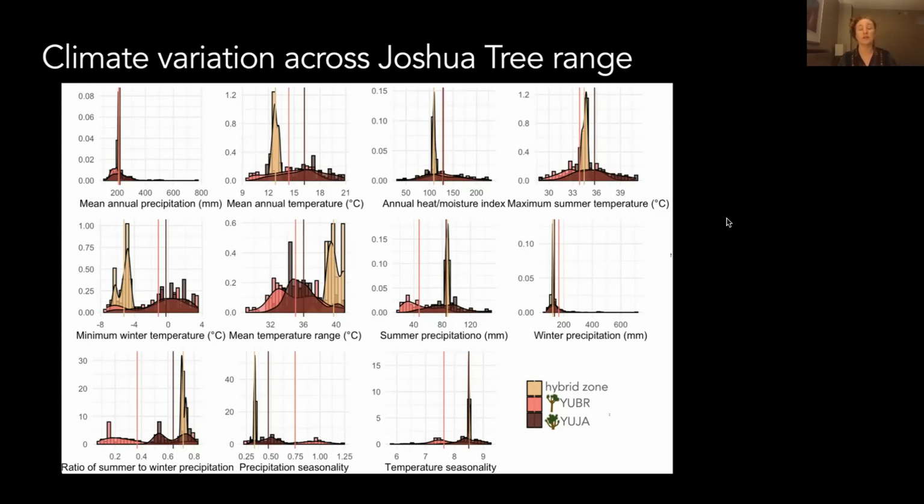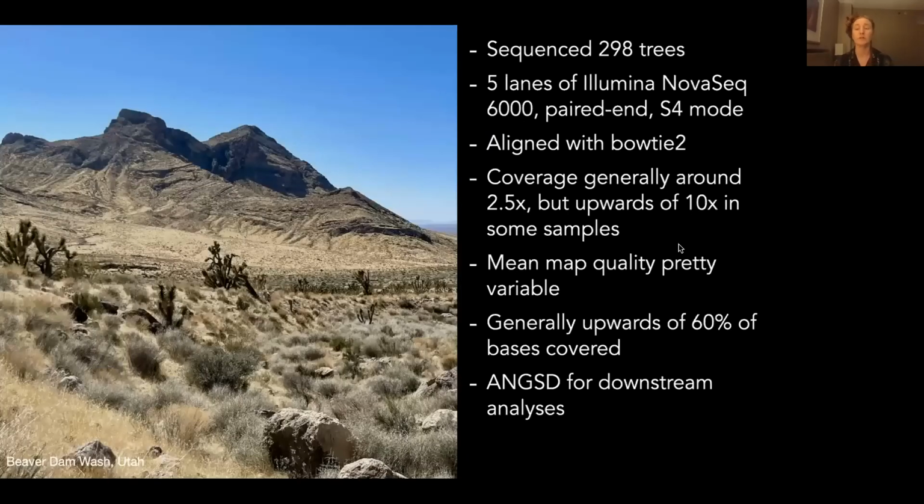And what you can see is all of these histograms are colored by type. So the tan is the hybrid zone, the pinkish color is the eastern Joshua tree, and the darker maroon is the western. And then the vertical lines are just showing the means. So you can see that there's actually quite a separation in means of these different climatic variables in the different Joshua tree types.